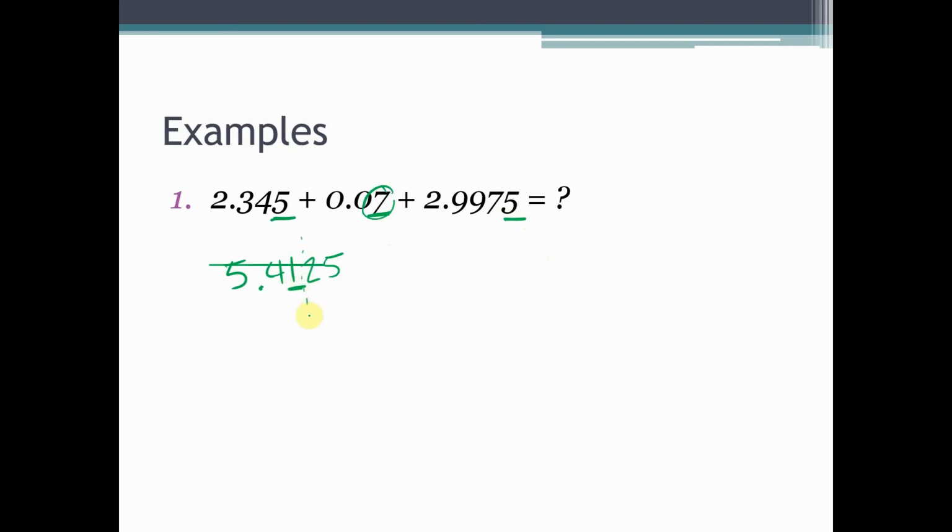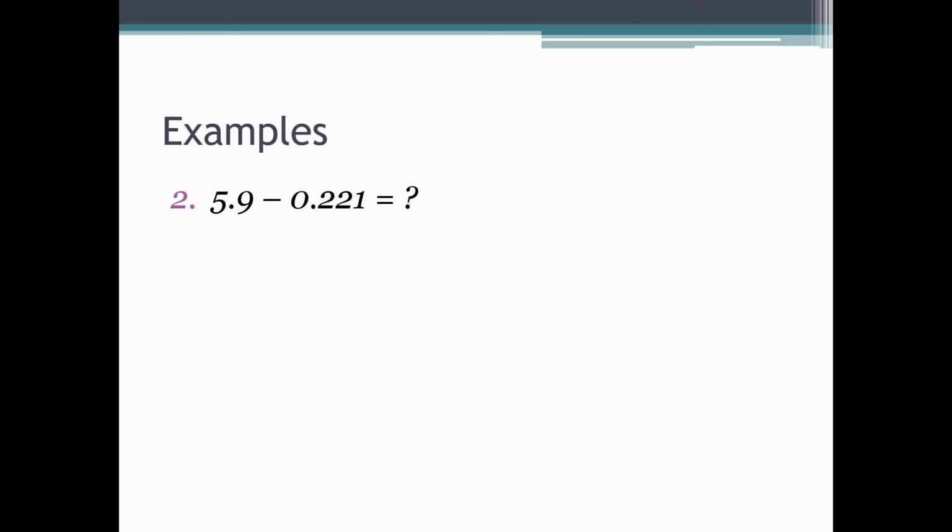So we're going to cut this all off, round if we need to, and we're going to end up calling this 5.41. Because again, our measurement with the fewest number of decimal places should equal the fewest decimal places in our answer. Hundredths place, hundredths place.